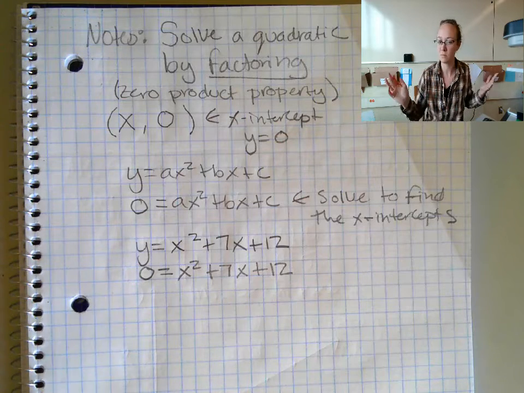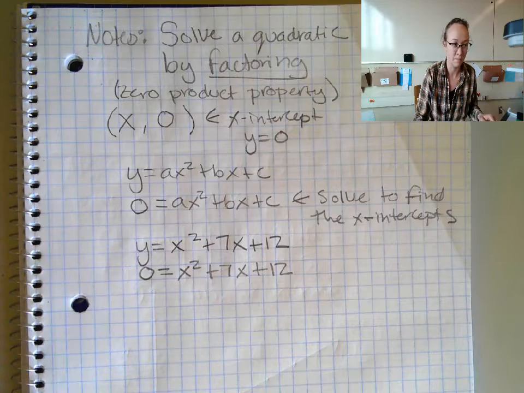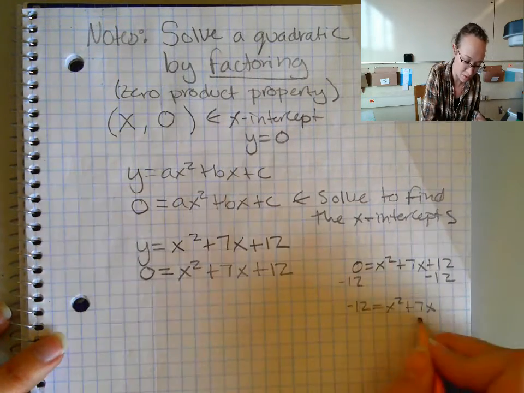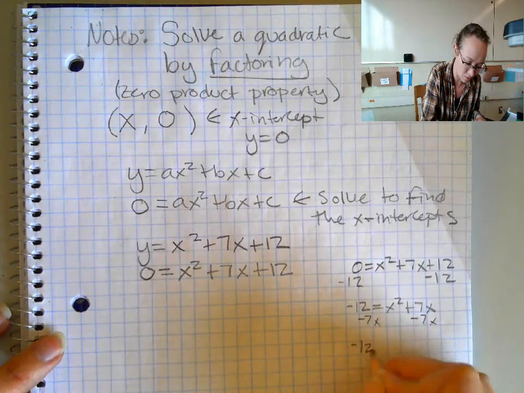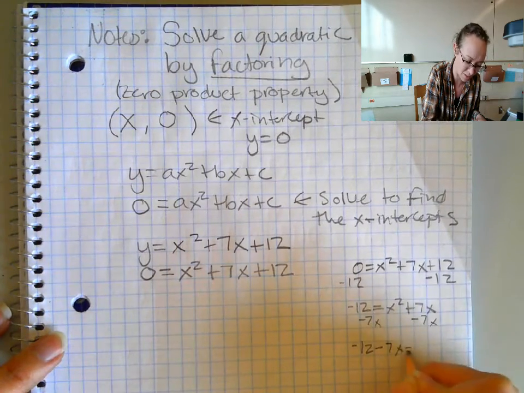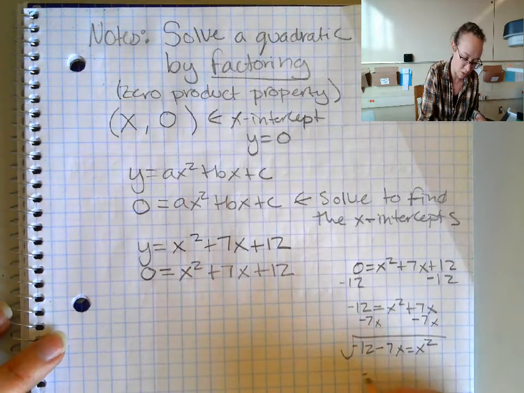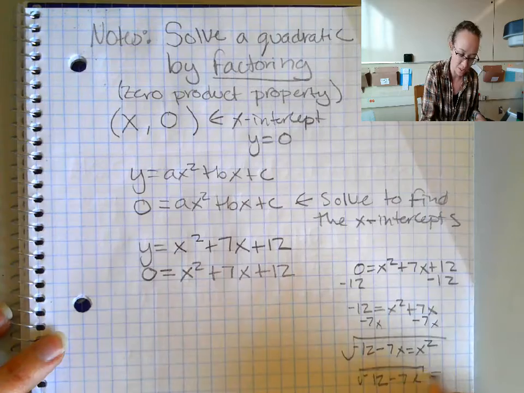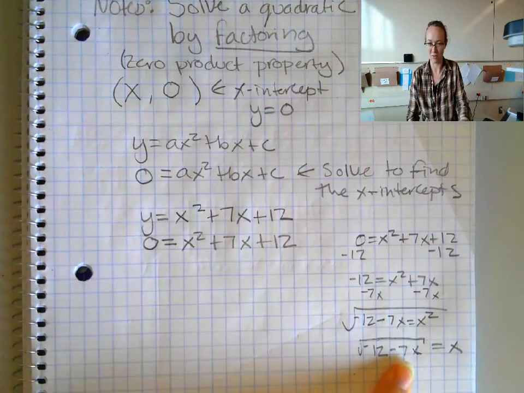Now, if you were to play around that way, I'll do it real fast, just over in the corner. You might start by subtracting 12, maybe you take away 7x, negative 12 minus 7x equals x squared. Now we're going to take a square root, so we have square root of negative 12 minus 7x equals x, which is all good and fine, except that you still have an x under there, right?